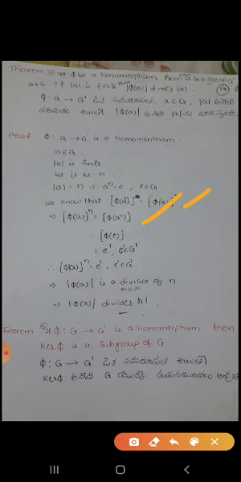Phi of e equals e dash, e dash belongs to G dash. Therefore phi of a whole power n equals e dash. That implies order of phi of a is a divisor of n. That implies order of phi of a divides order of a.